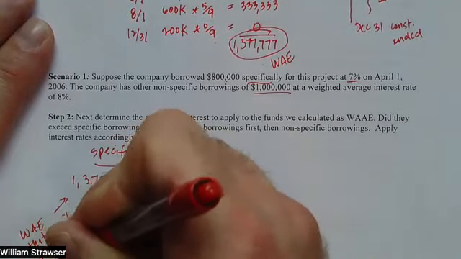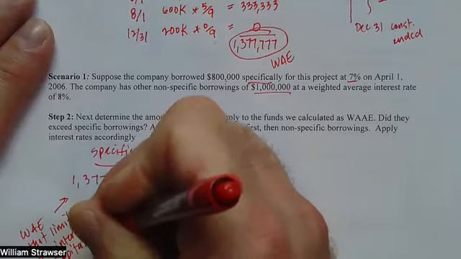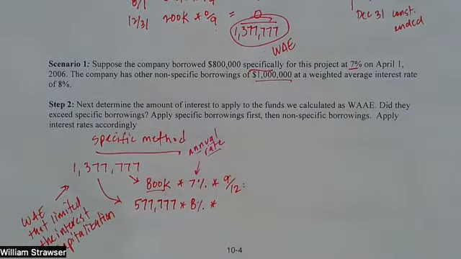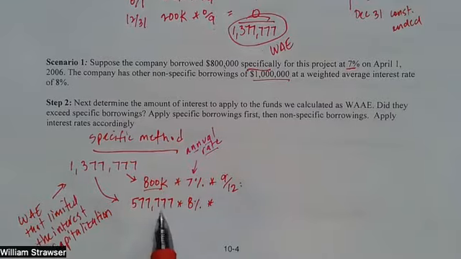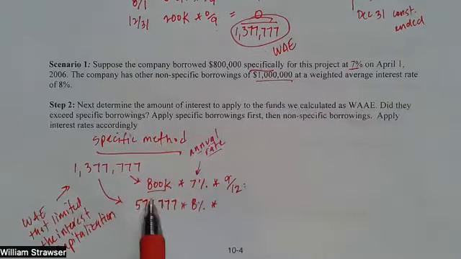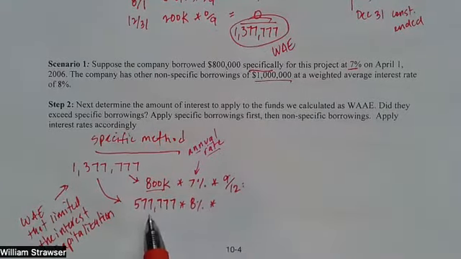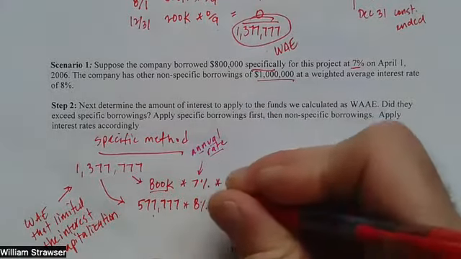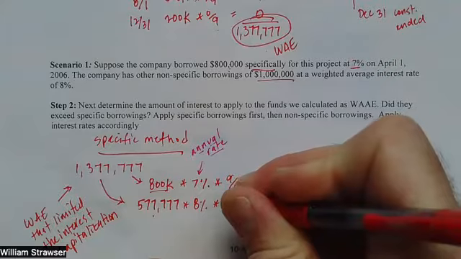Because once those ran out, I still had more debt. The interest that's accruing on the remaining amount, 1 million minus that amount, that's still being expensed on the income statement. And so I take this and also apply 9/12.